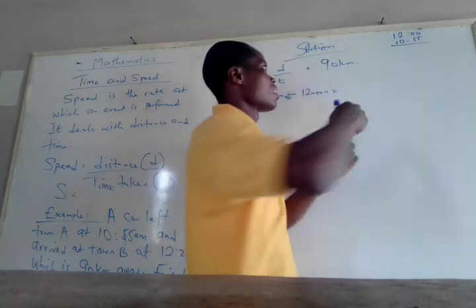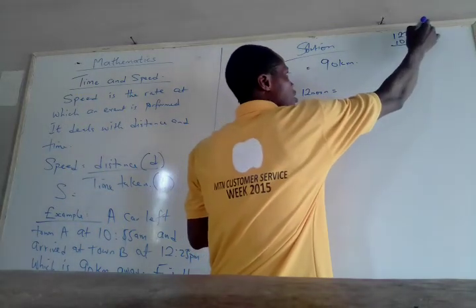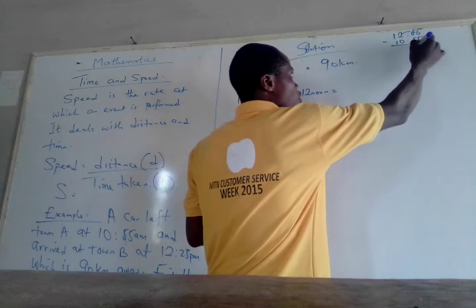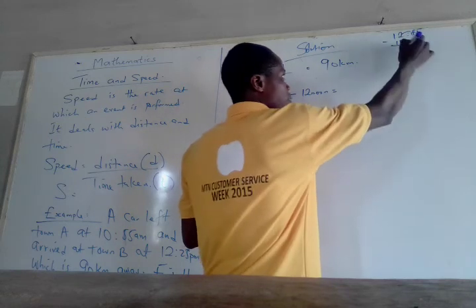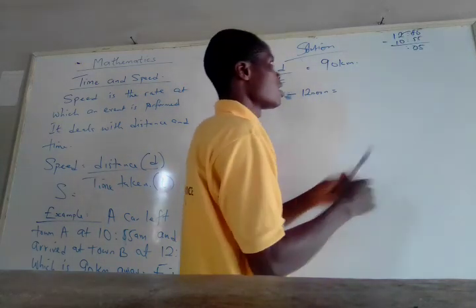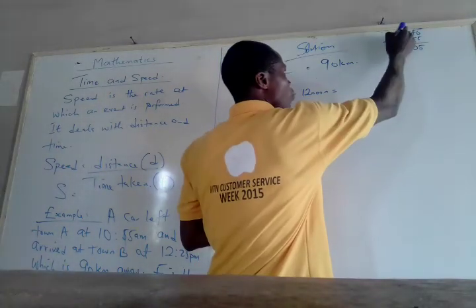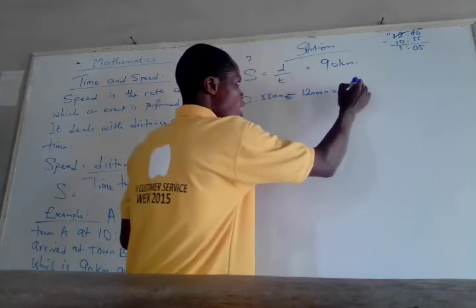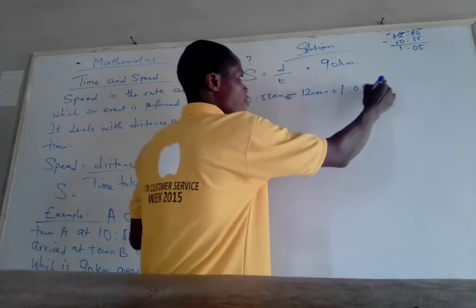That will be 60 here. We borrow 1 from here, and it makes it 60. 60 minus 55, we have 5. And then here, we've already removed 1, and we are left with 11. 11 minus 10 is 1. So we have 1 hour, 5 minutes.